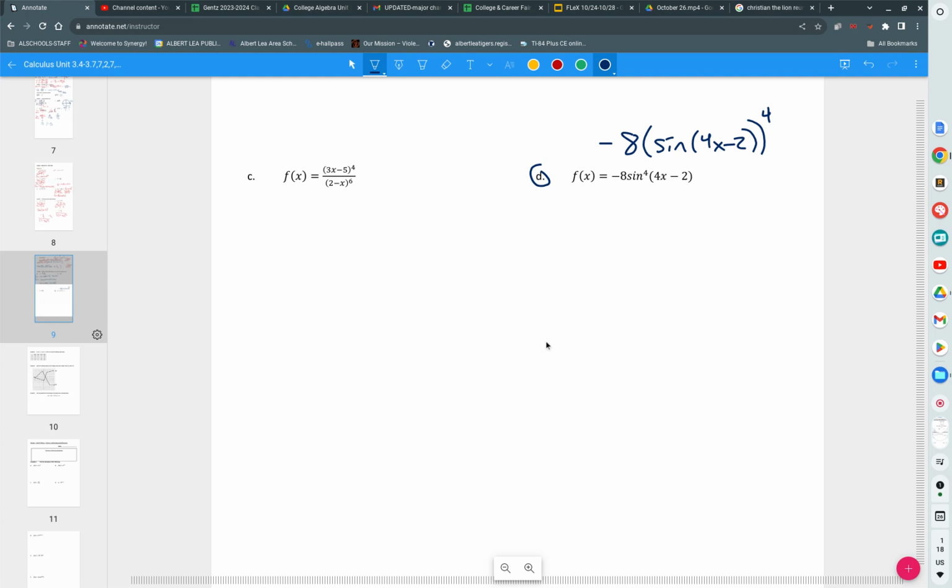Okay? I see this set up as the following. Negative 8u to the fourth. What's on the inside? Sine of 4x minus 2. What's the derivative of the outside?